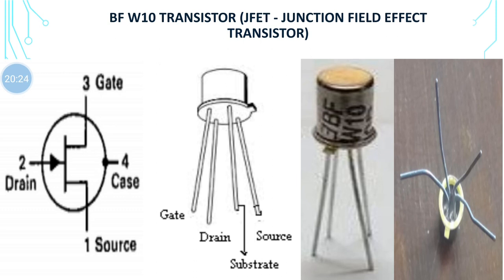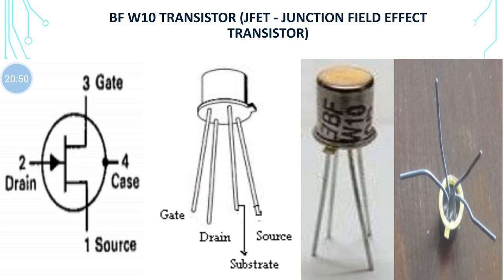The next one is the BFW10 transistor, which is a junction field effect transistor. The junction field effect transistor has 4 terminals. It doesn't have an emitter, base, or collector. Instead, it has a source, drain, and gate.